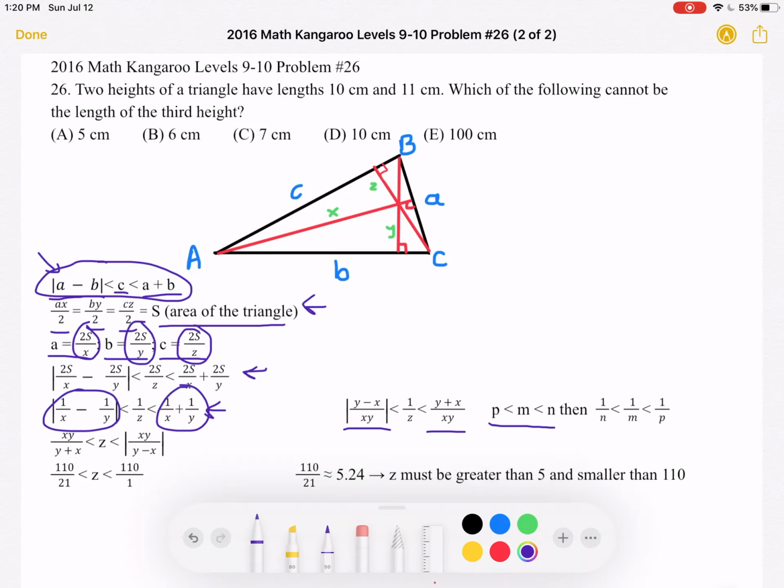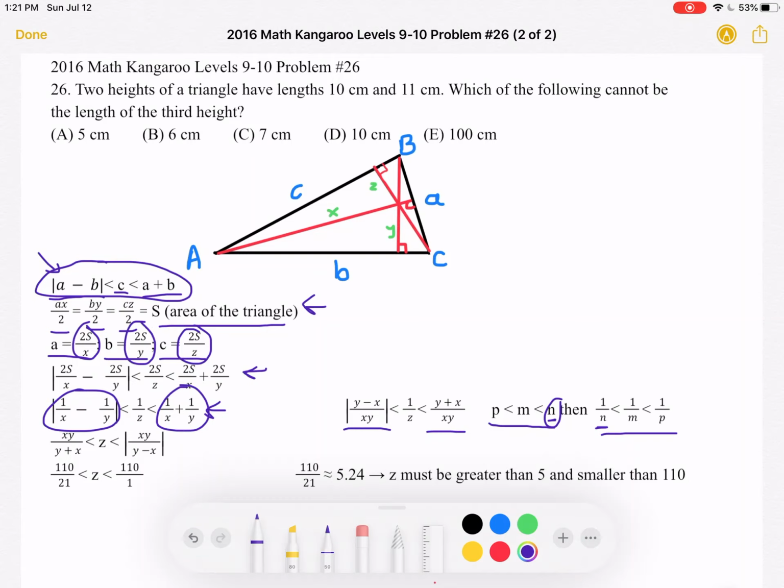Then we know that 1 over n is less than 1 over m, which is less than 1 over p. This is a rule. Basically what happens is that when we take the reciprocal, the signs switch, because you see 1 over n is less than 1 over m, but over here n was greater than m. So all the signs will switch when we take the reciprocal.